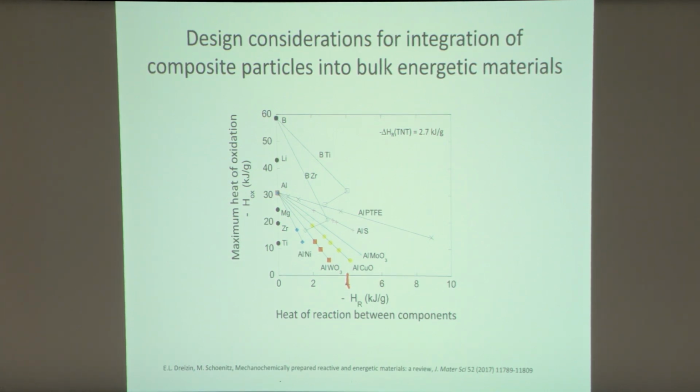And then once I react the boron titanium with oxygen, I'll get about 30 kilojoules per gram. And so there are certain combinations that are going to give you a better intermetallic reaction versus oxidation reaction, and vice versa. So there's a lot of design process in the combination of which fuel, which oxidizer I could actually use to have a low temperature reaction, for example, to affect ignition, and then a high temperature reaction to affect the overall energetics of my system.